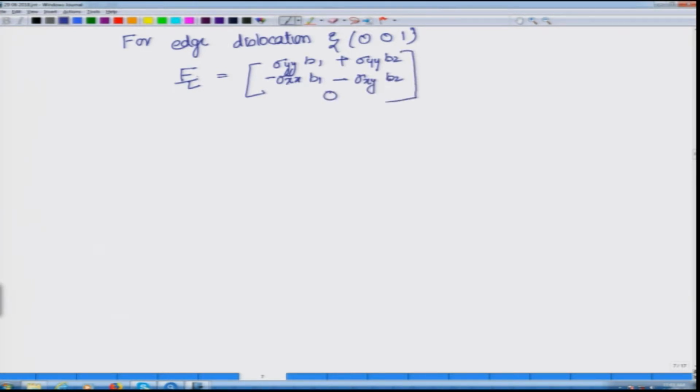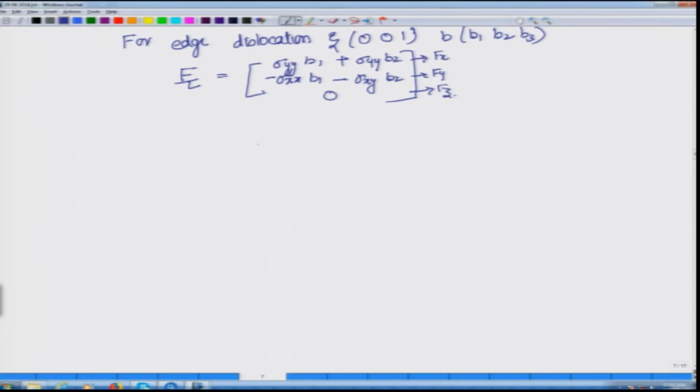So, force will have x, y, z components. So, this is f x, this is f y, and this is f z, and it goes without saying that when we have written it like this, it means that the Burgers vector of the dislocation onto which we want to calculate has components b 1, b 2 and b 3. However, since the dislocation is oriented along z, the third component b 3 does not appear over here.